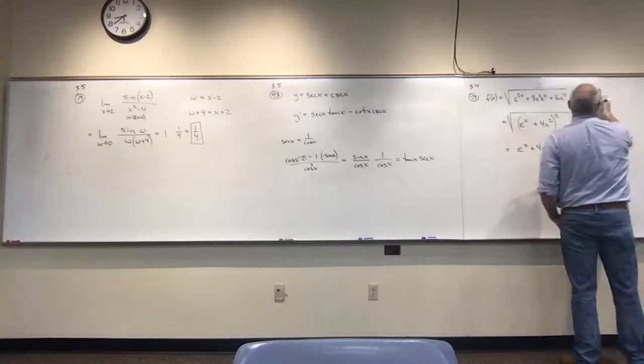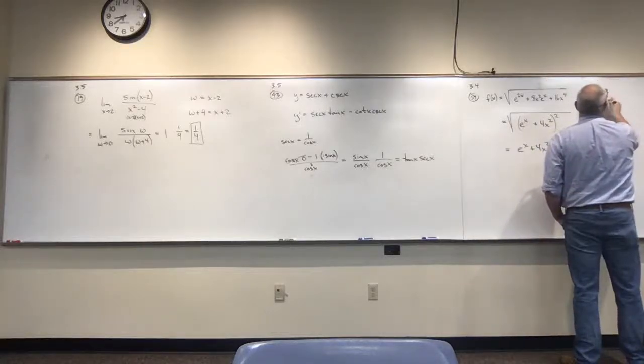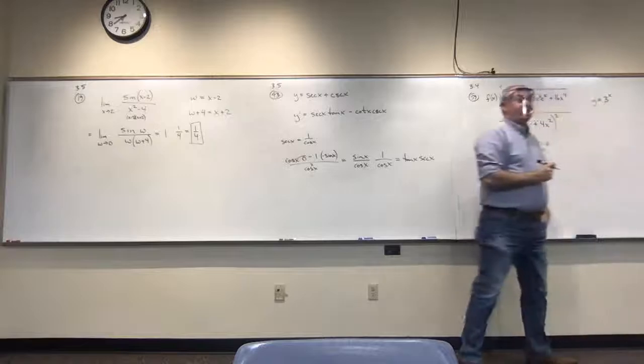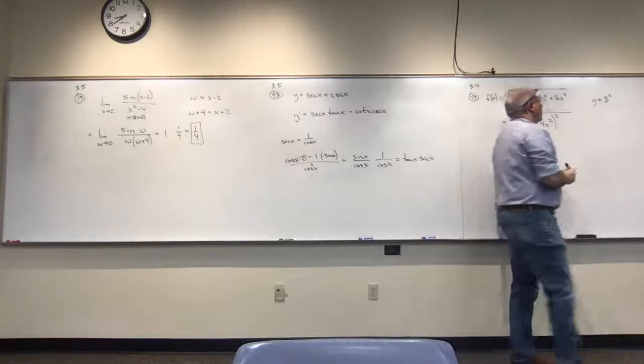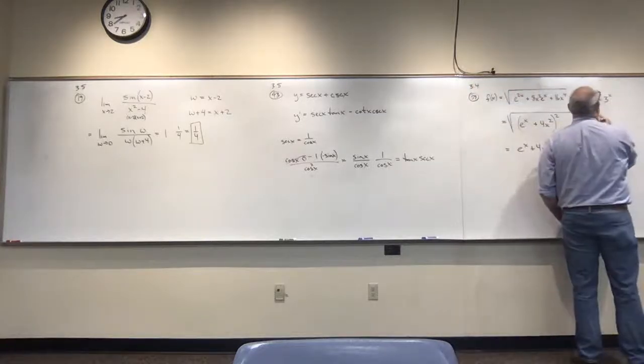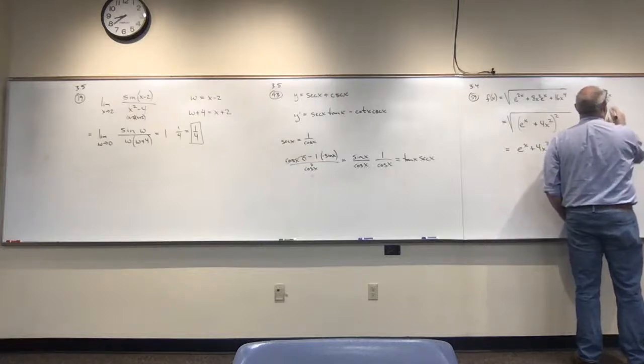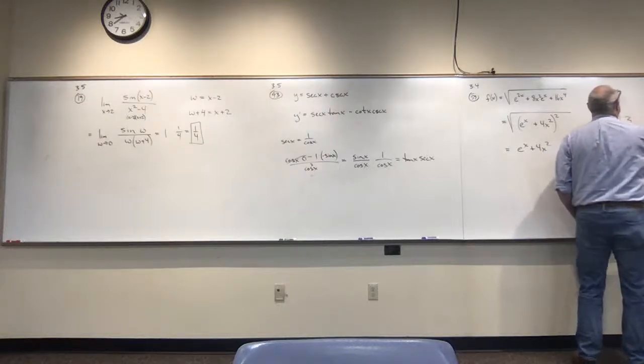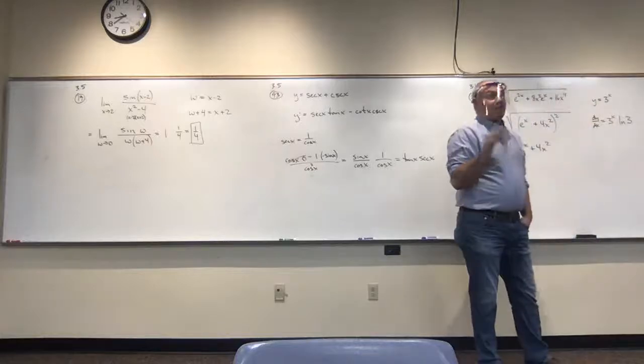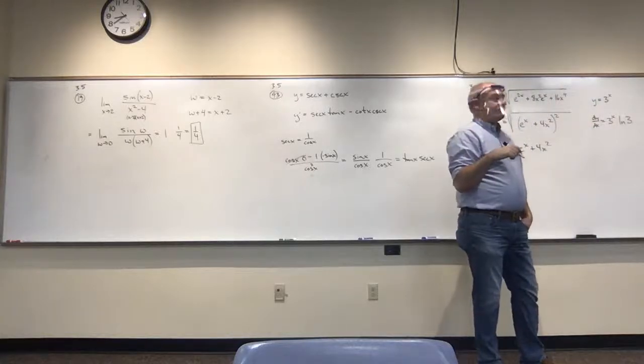If you have y equals 3 to the x, that was your question, right? It ends up that the derivative dy/dx is very similar. It is still 3 to the x, but you have to multiply it by an additional natural log of the base, which in this case is 3.